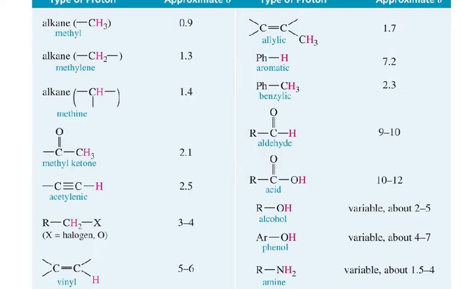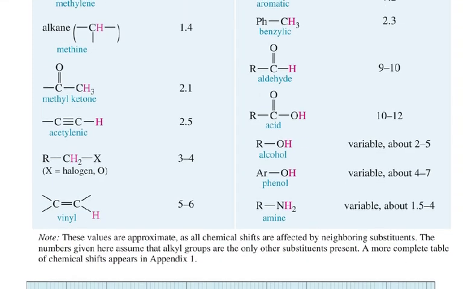So the nearer you are to stuff, the more deshielded you are. As you get some interesting elements, you're going to have more deshielding. For example, this methyl ketone is going to have more deshielded stuff because it's near an oxygen. If you're bonded to a carbon that's bonded to a halogen, even more deshielded.